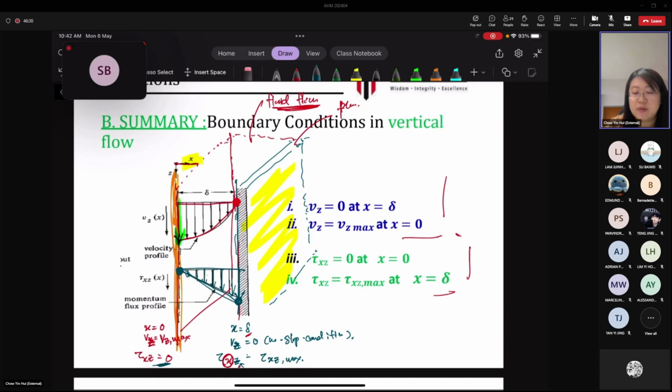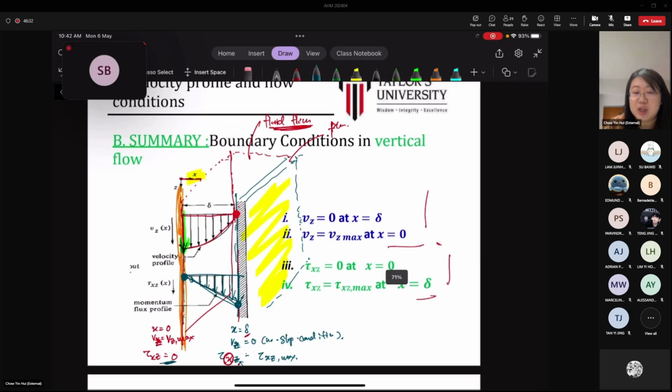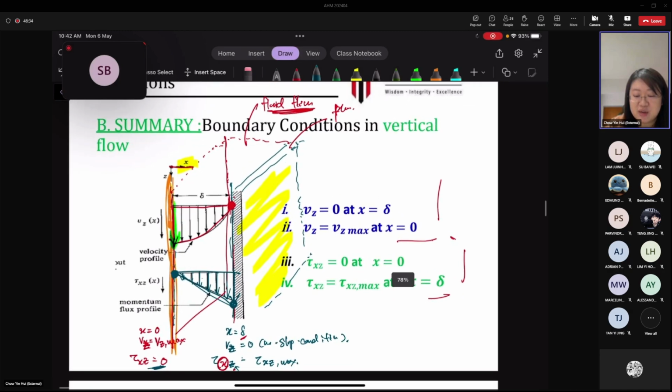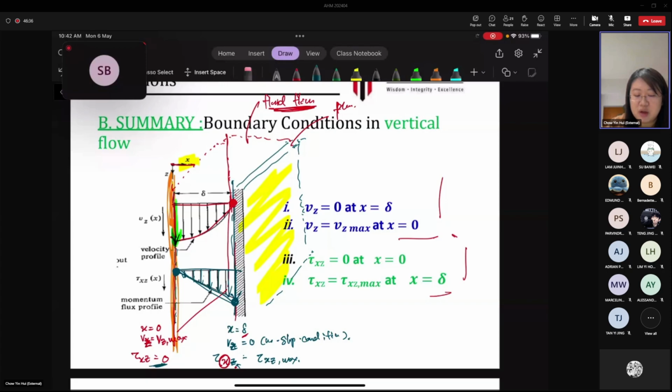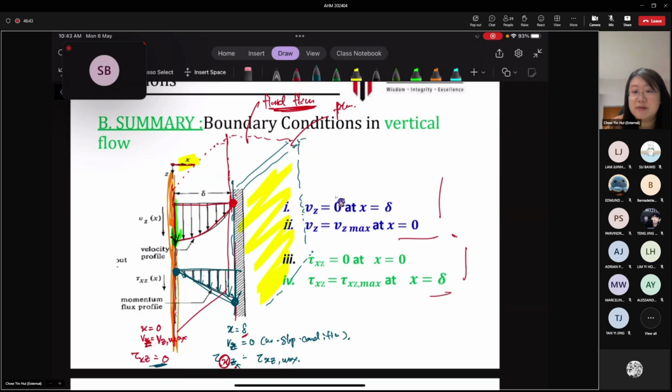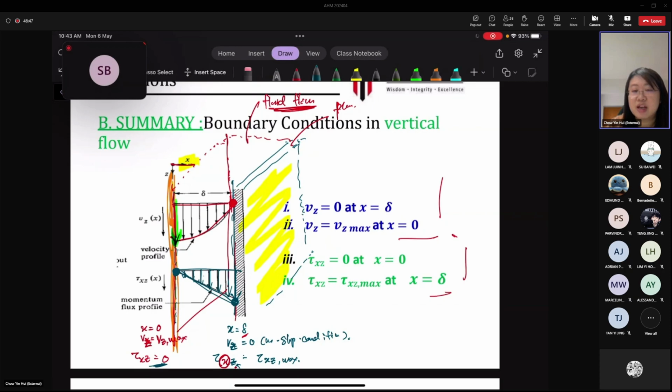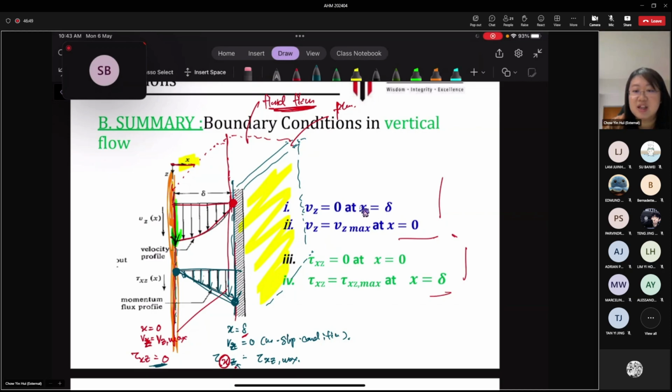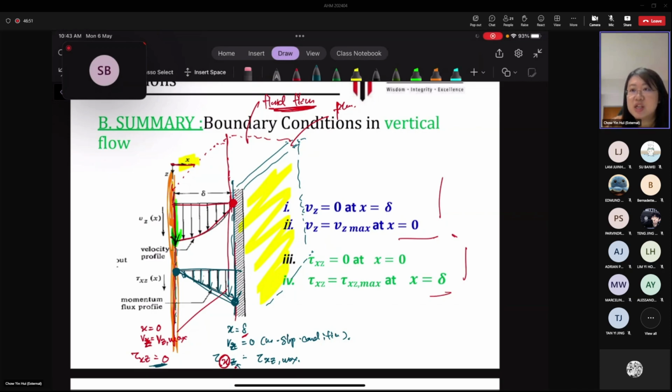So, do you all have any questions so far for the velocity and momentum flux profile for vertical flow over a plate? Any question before we proceed to the next section? Let me check the chat area.